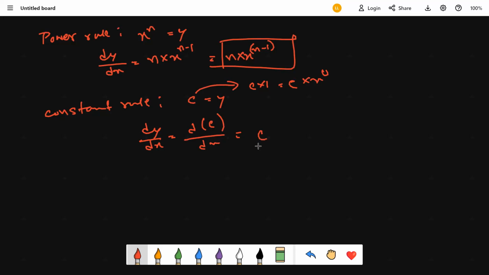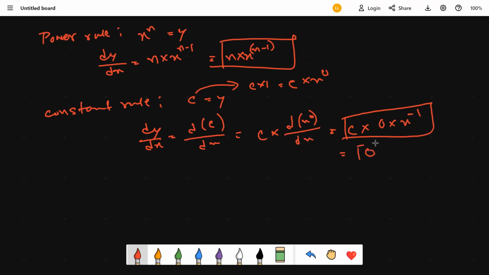So we bring the constant in front and differentiate x to the power 0 with respect to x. That gives 0 times x to the power 0 minus 1, and anything multiplied with 0 is 0. So this is the constant rule.